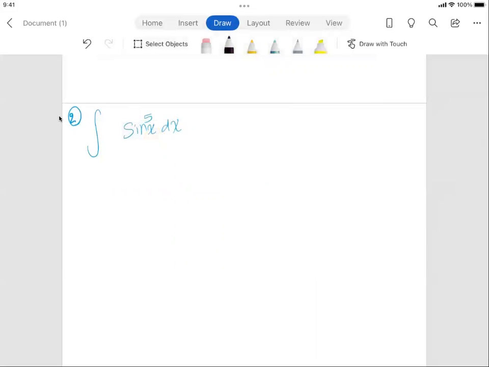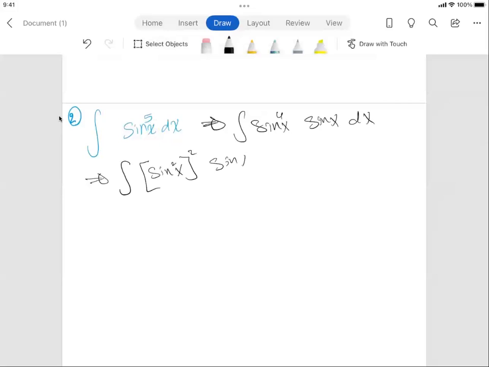So I can write this as the integral of sine to the power 4 of x sine of x dx. Then this becomes the integral of sine squared of x, to the power 2, and sine of x dx.